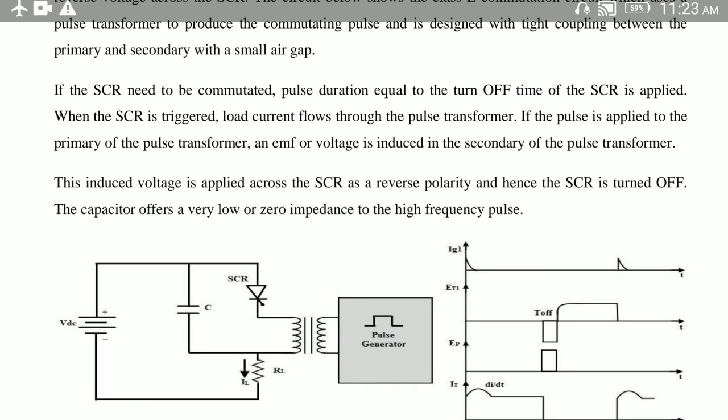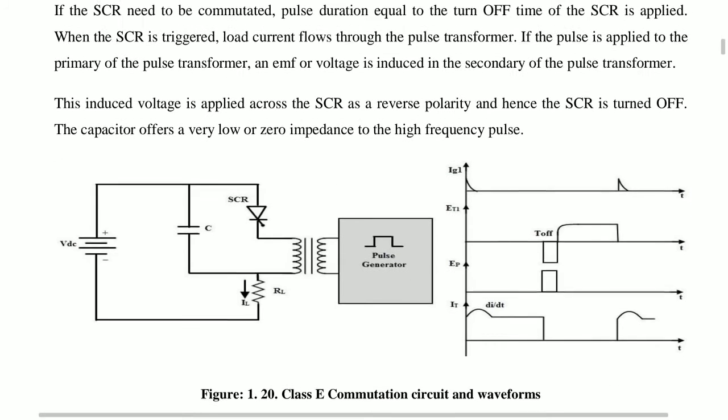So this is all regarding the class C commutation, its working principle, and how the SCR will turn off using a pulse generator. Please remember the circuit diagram and the corresponding waveforms.